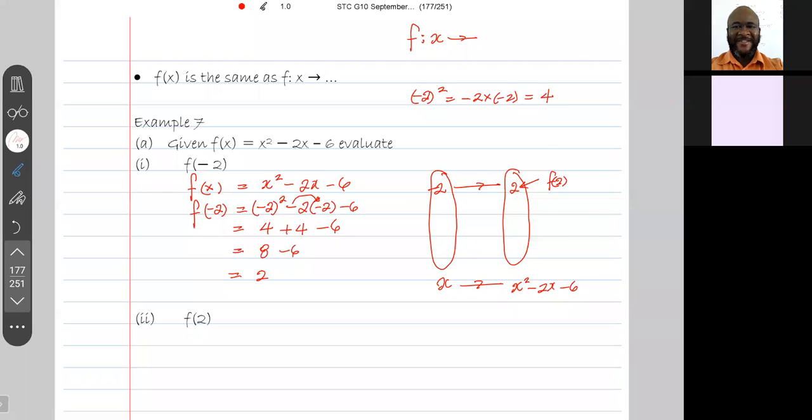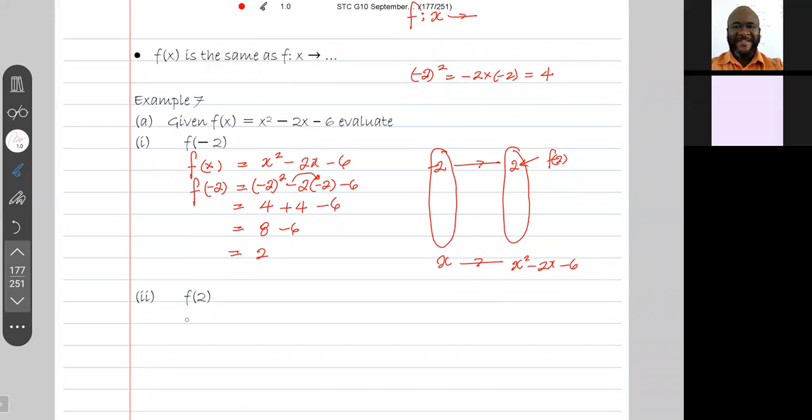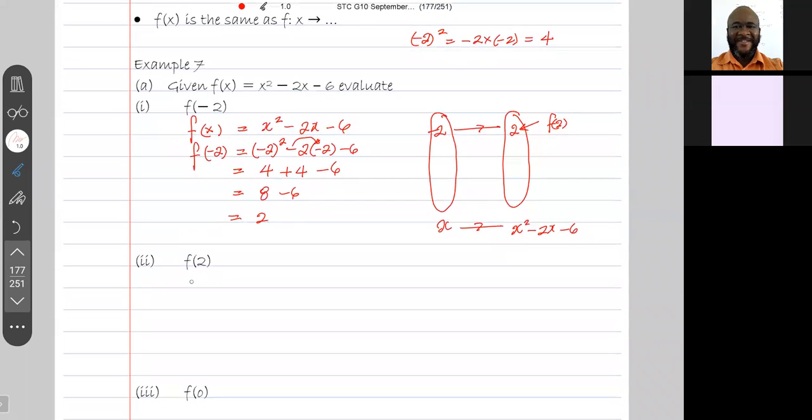All right, so let's find f of 2. So f of x is equal to x squared minus 2x minus 6. So f of 2 would be, wherever you see x, put 2.